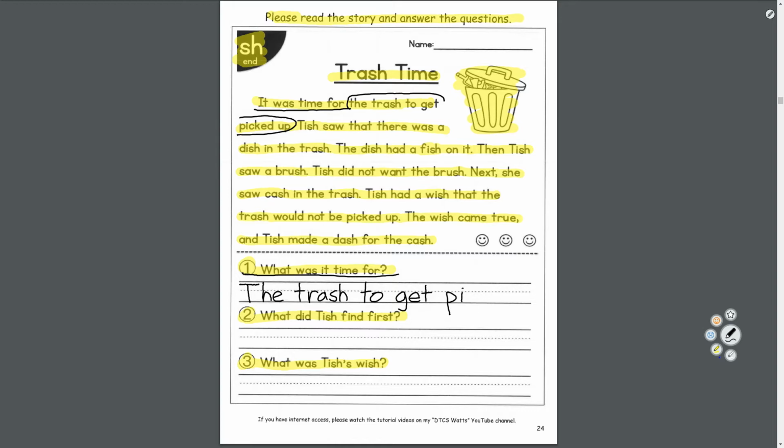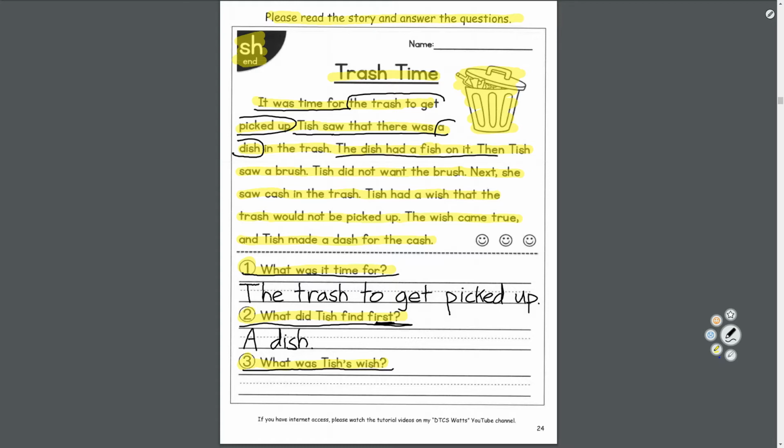To get picked up, period. Number two, what did Tish find first? What's the first thing she found? Tish saw that there was a dish in the trash. A dish. Uppercase A. The first thing she saw was a dish. Period. Number three, what was Tish's wish?